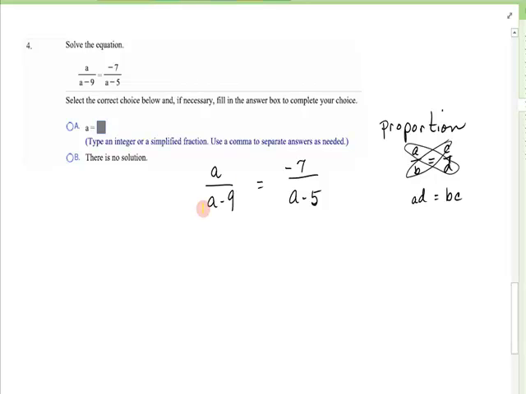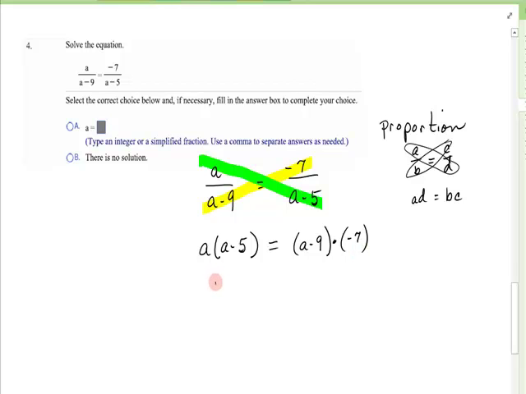So this product equals this product. Doesn't matter which side you write them. A times a minus 5, that's the green product, equals a minus 9 times negative 7.